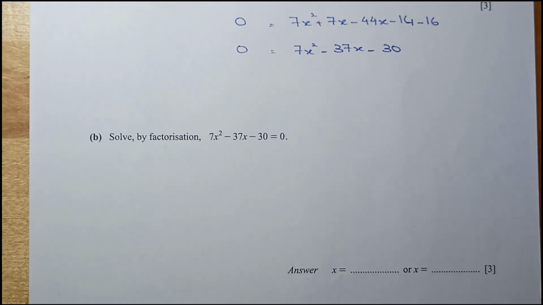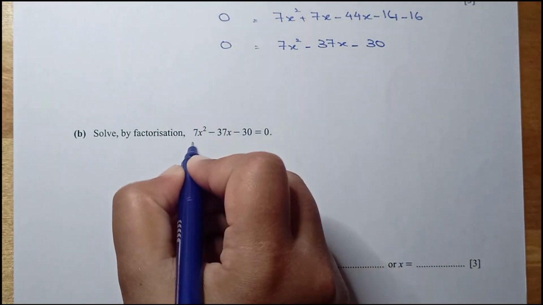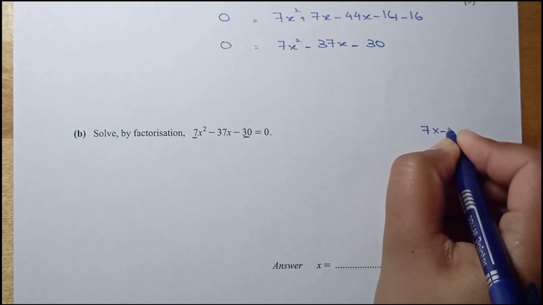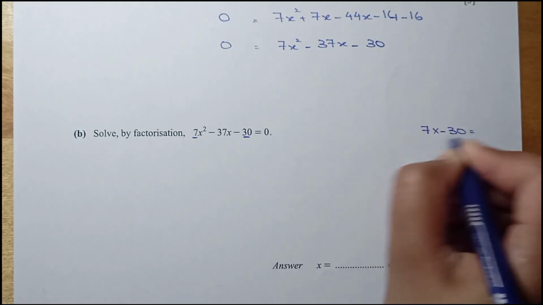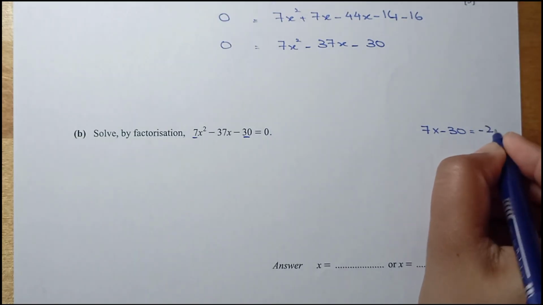Now for the B part, solve by factorization. Okay, so we need to factorize this equation. So finding the two values for x, 7 times negative 30 is, 7 times 3 is 21, and then 0, so negative 210.